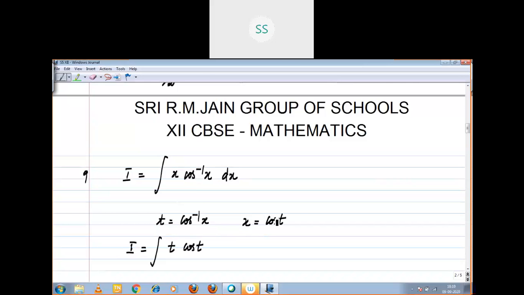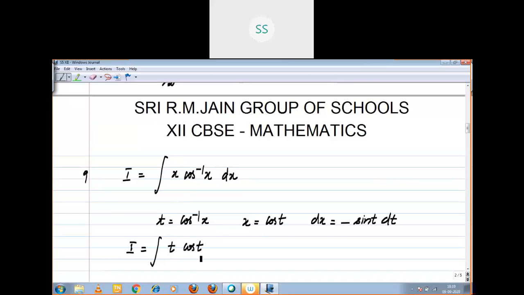Now you want to differentiate this. How to differentiate? Any idea? dx equal to minus sin t dt.